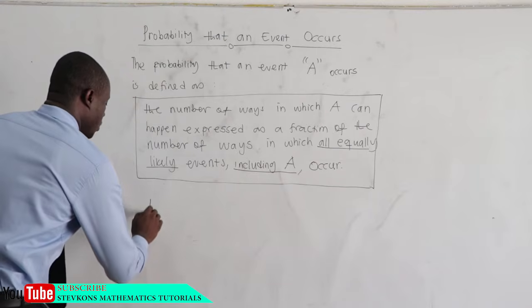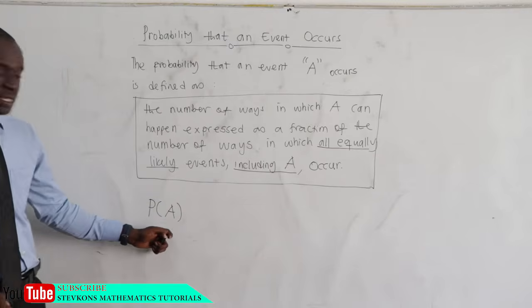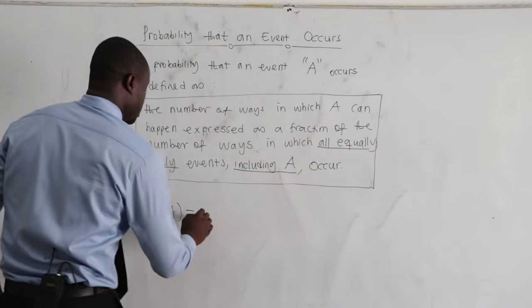So in a nutshell, all that we are saying, the probability that an event A occurs, it is denoted like this. So you are saying that this is equal to what?